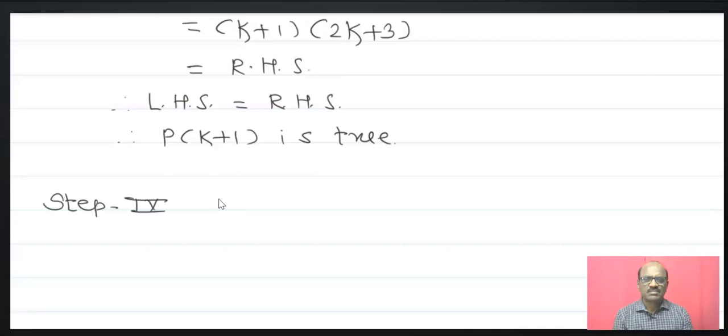This is step number 4 now. That is induction, that is, we generalize the result.